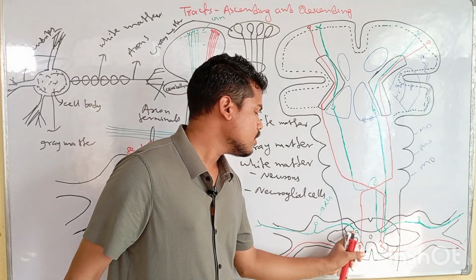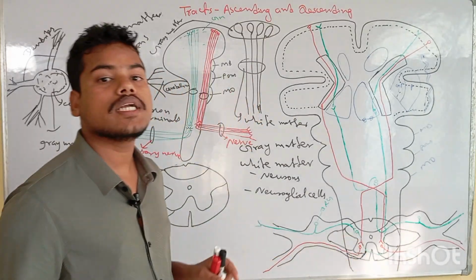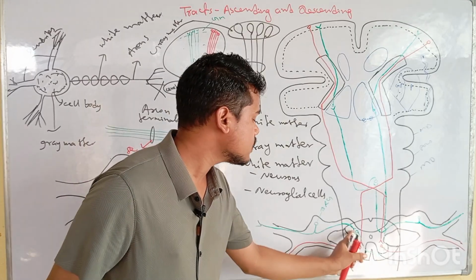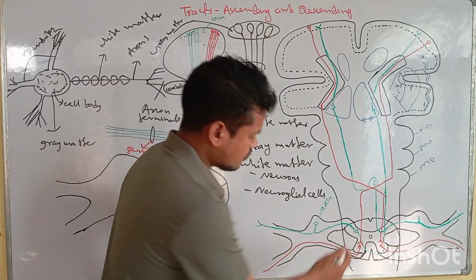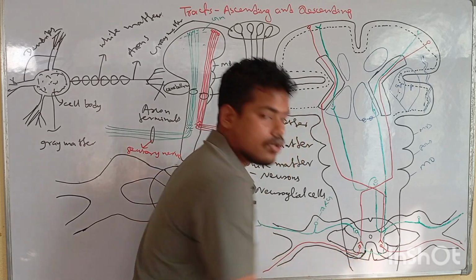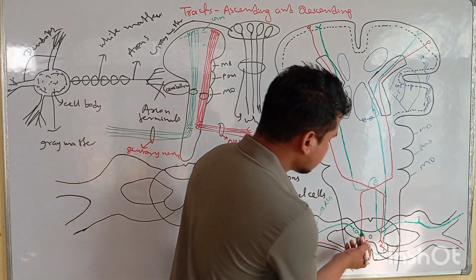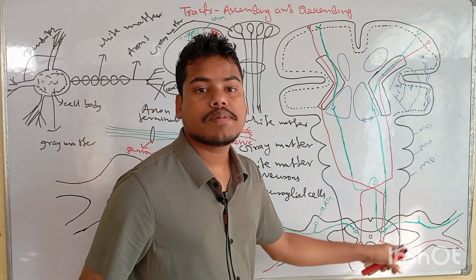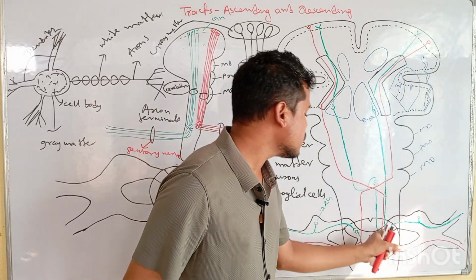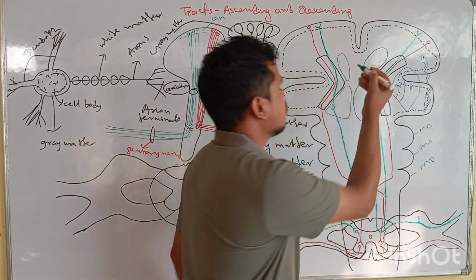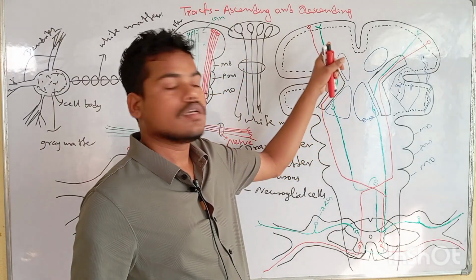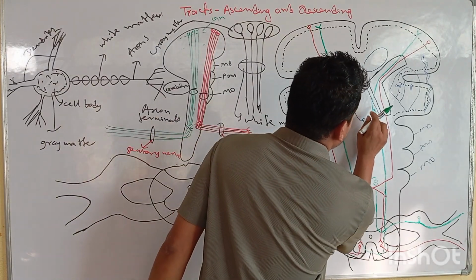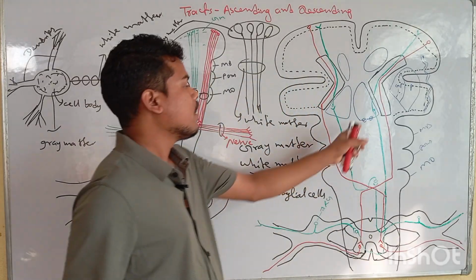Okay, and if this is the anterolateral system, the fiber of the anterolateral system, when it first comes to the gray matter, it will terminate and synapse on the same side. See here, on the same side it will synapse, and a second order neuron will originate, and this second order neuron will cross the spinal cord to the opposite side, and then run in the ascending direction up to the thalamus.